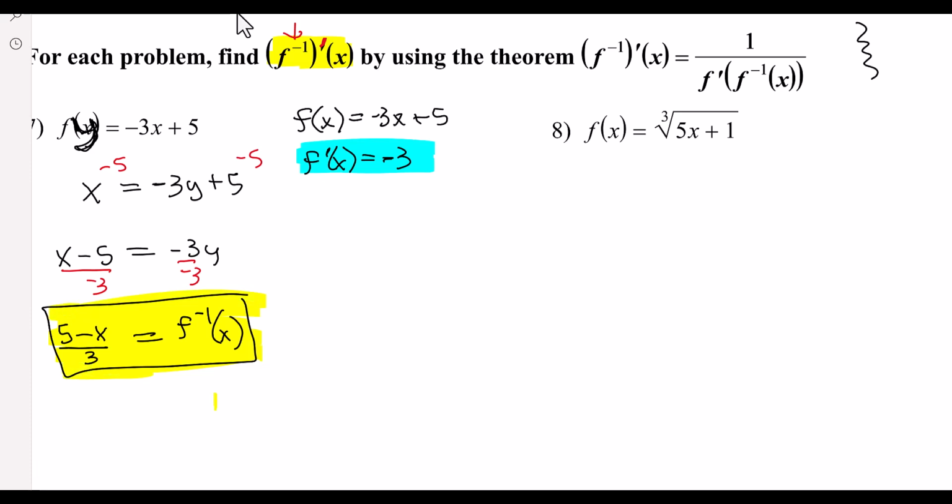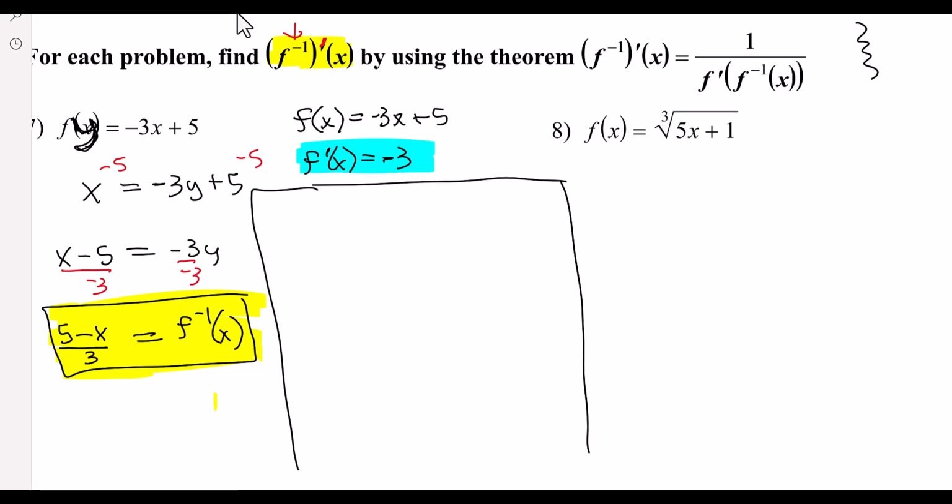And now we're going to plug all of that into this. So the derivative of the inverse is 1 over, and see this notation right here? That means in the derivative, everywhere there's an x, you're inputting the inverse function.